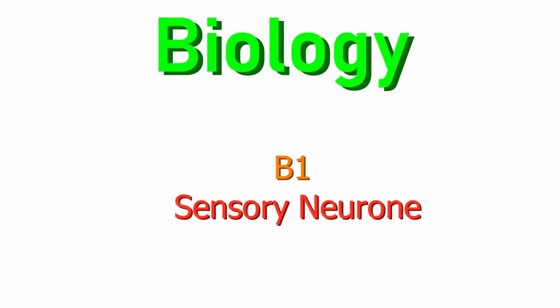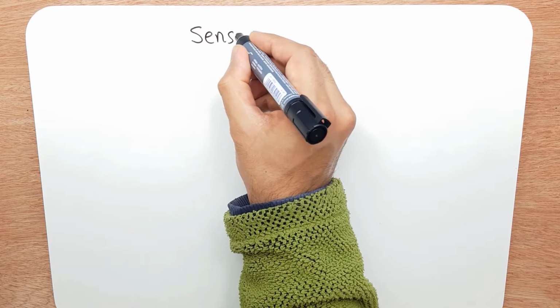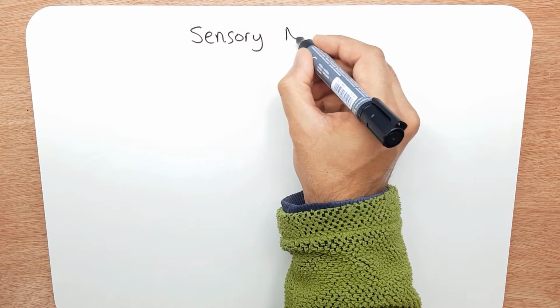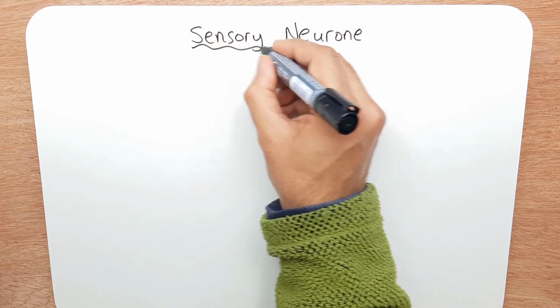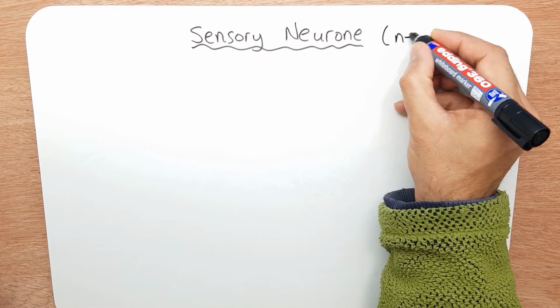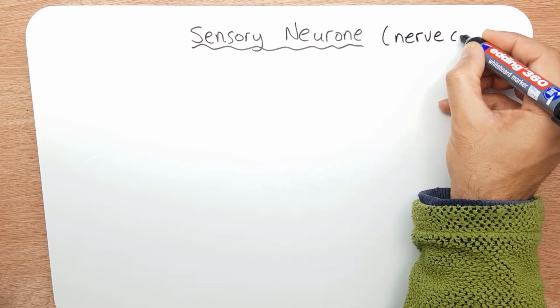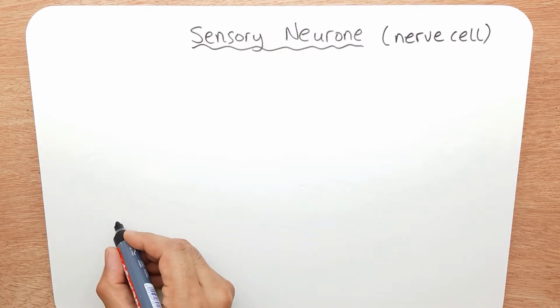The next cell that I want to look at is the sensory neuron, or a nerve cell. You'll hear it being called a nerve cell. So let's start at this end.